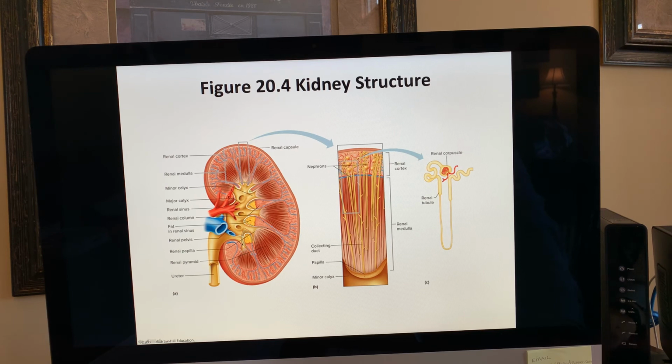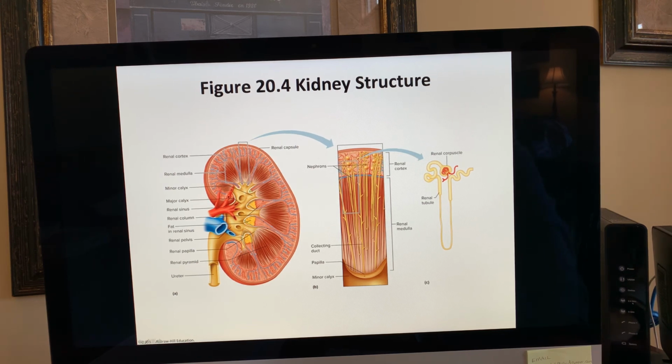Each renal pyramid is going to open up into a minor calyx, the minor calyces collect together into a major calyx, and then the major calyces collect together into the renal pelvis, which sits in here, and then it empties the urine down the ureter towards the urinary bladder.